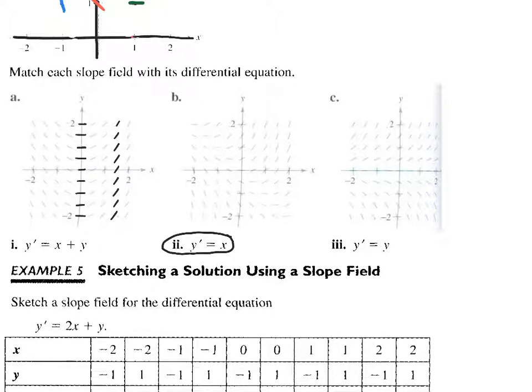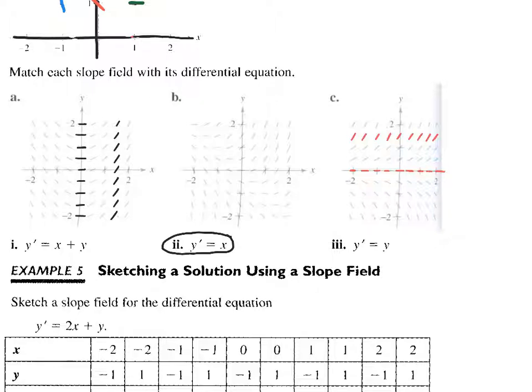What could you use to help us out here? We know that the third one only depends on y, so you can see which one only changes with the y, does not change with the x. That's a good pickup there. Look, it's 0 right here on the x-axis, but also notice any value of y you choose, no matter what x is, the slope is staying the same, right guys?